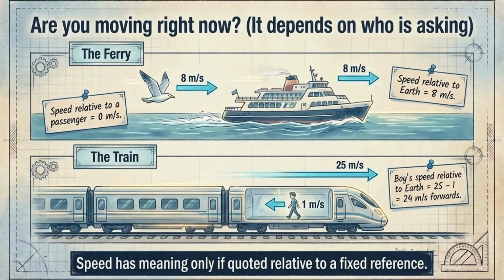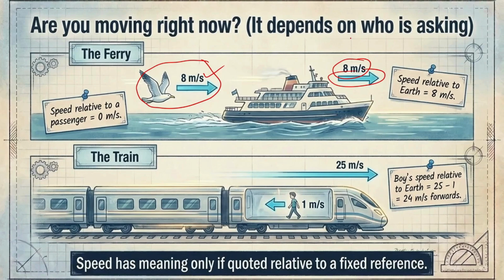You are in this ferry, going at the same speed in the same direction as the bird. So you feel like the bird is stationary with respect to you, but someone standing on the earth's surface sees the bird going 8 meters per second in this direction. So for you the bird is stationary, but the person on the earth says the bird is not stationary, it is moving.